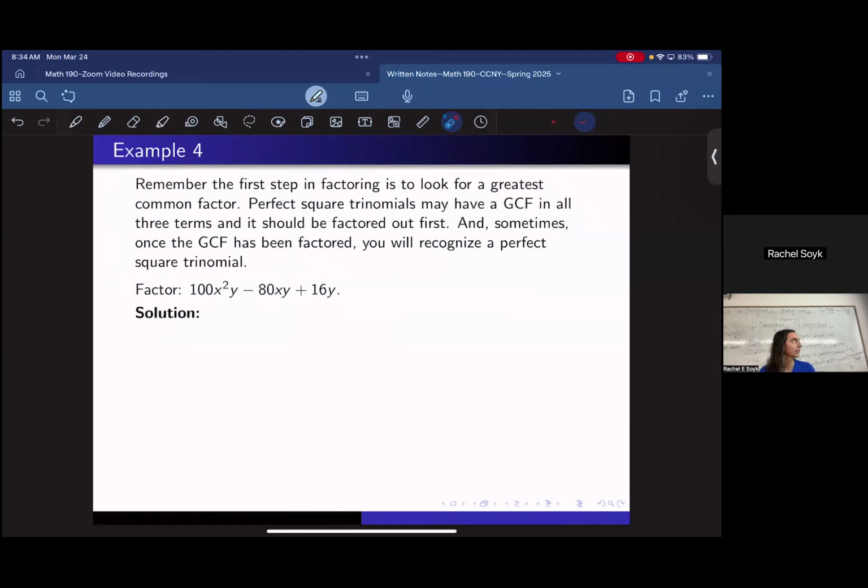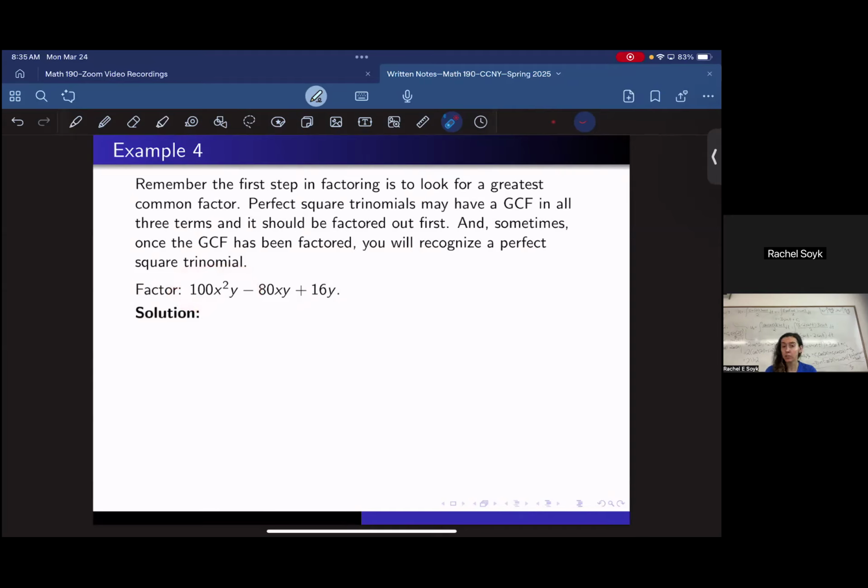Good, thank you. And so you can pull out the greatest common factor first, or again, if you know that these are both perfect squares, then you can jump straight into it. However, you can't take a perfect square.